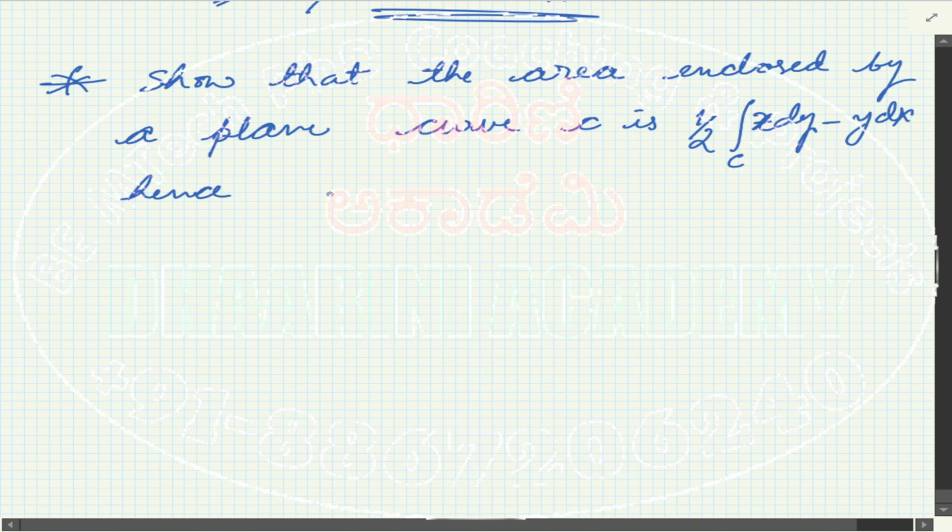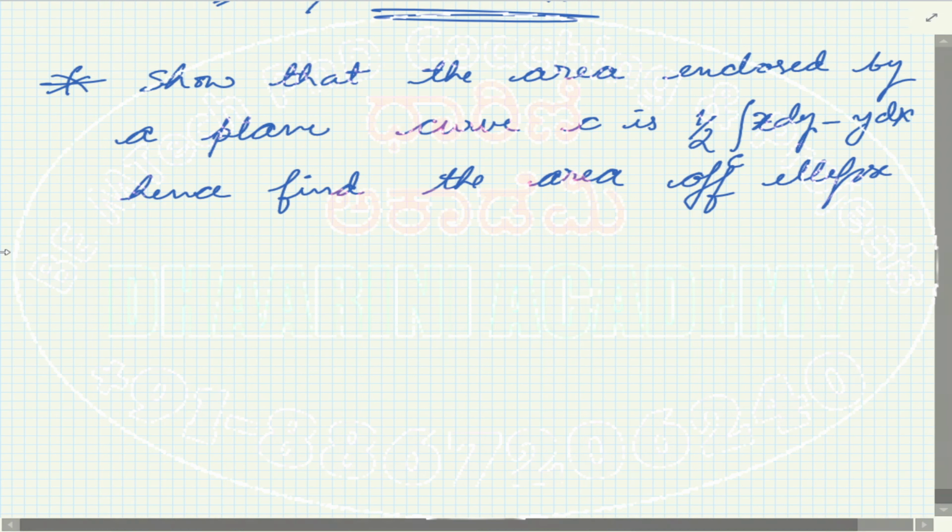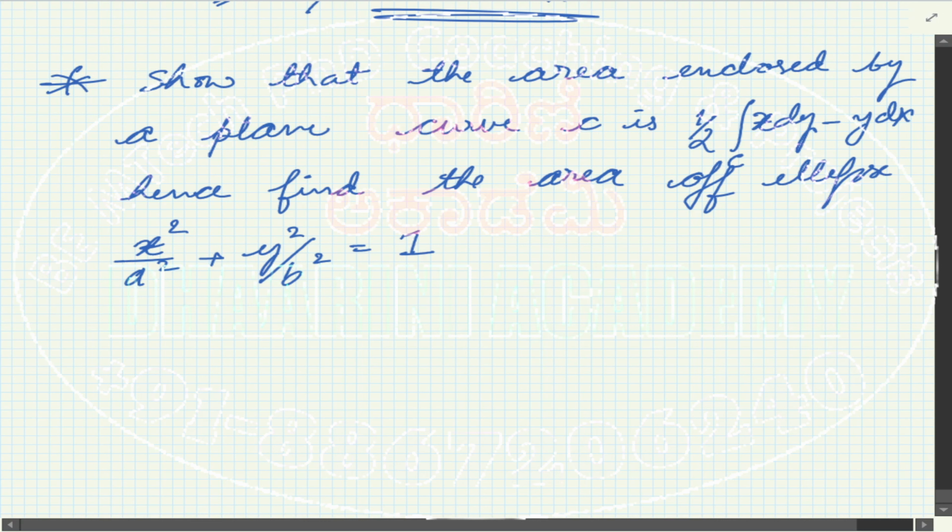Hence, find the area of the ellipse x square by a square plus y square by b square is equal to 1.